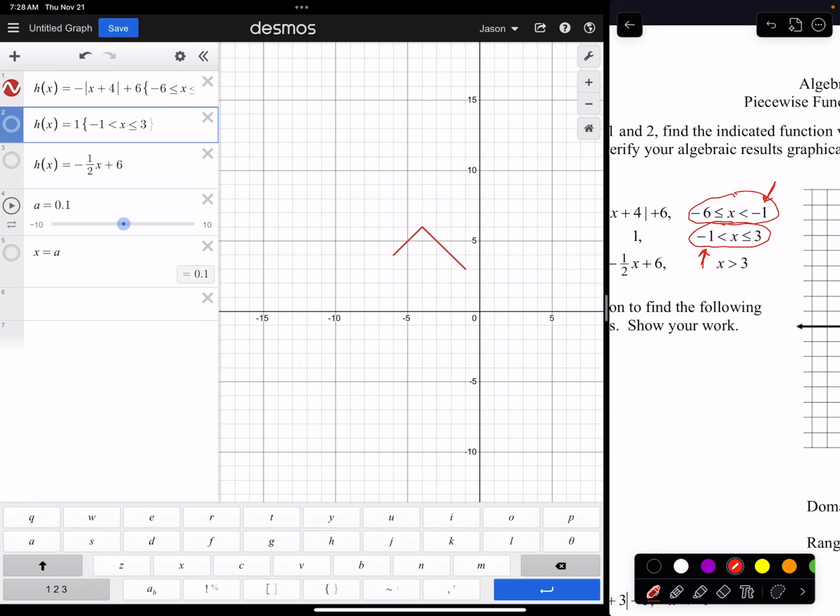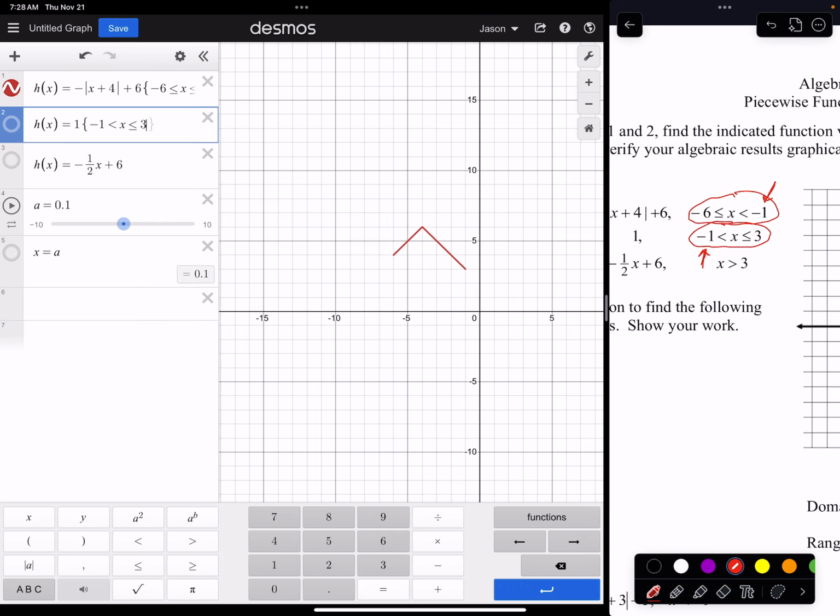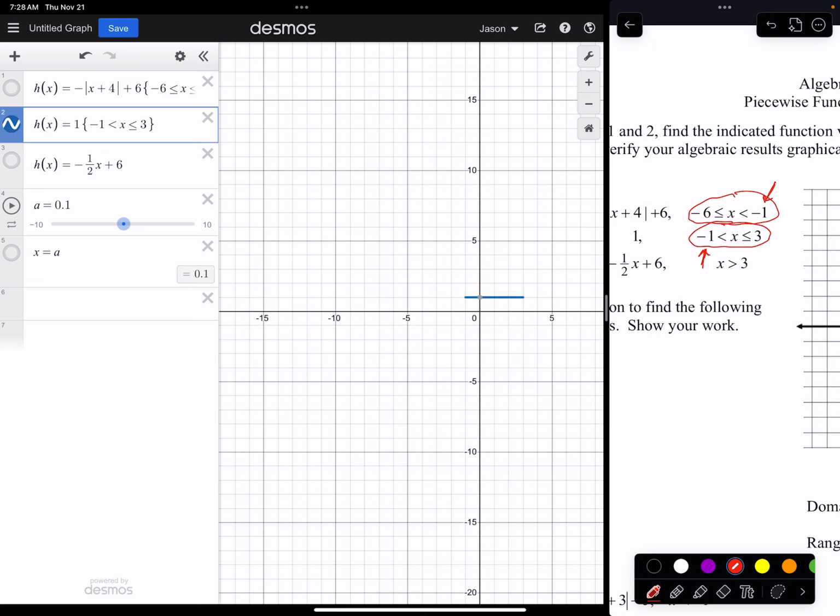Okay, and then let's close that bracket. Oh, that didn't work. I think I can just hit the space bar to do that. Okay, so we can see now if I turn off the red function, this one just graphs that piece.